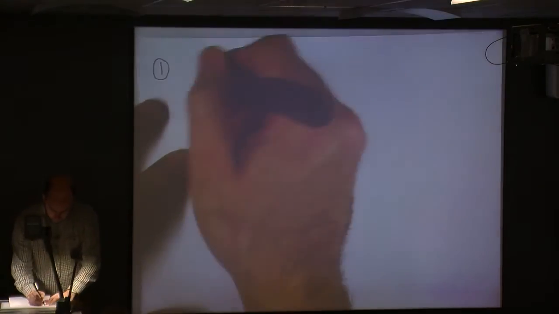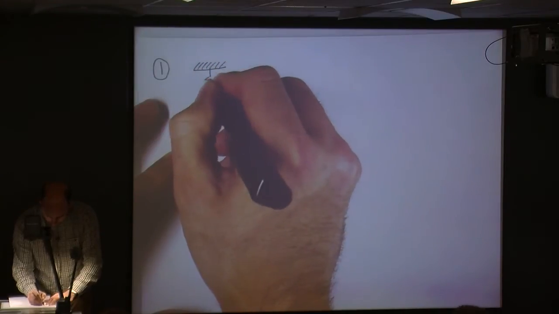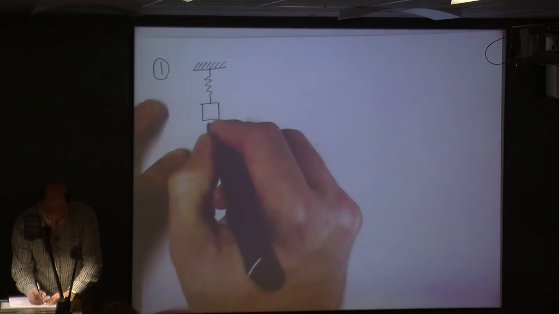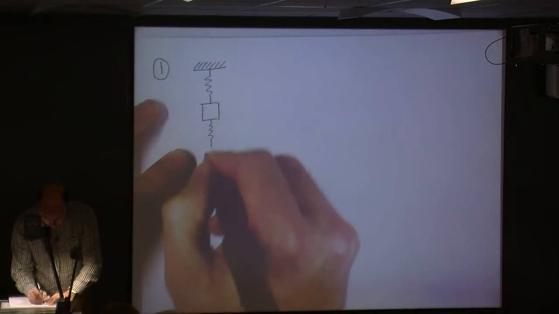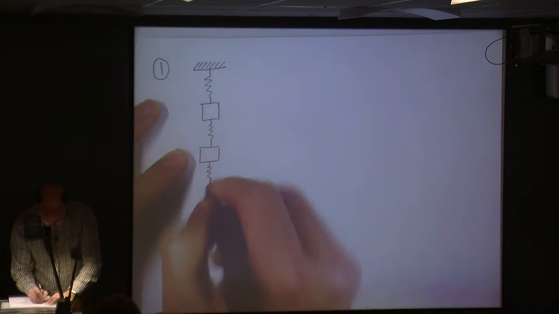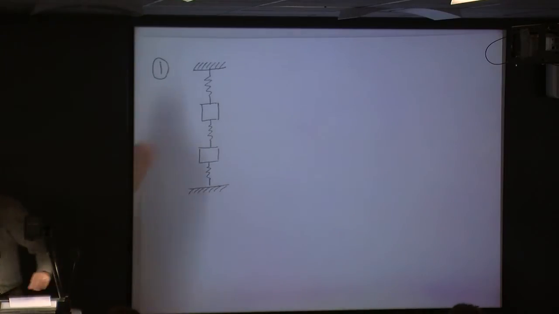So question 1. We have a system, 2 degrees of freedom. Very simple. Should be no problem.